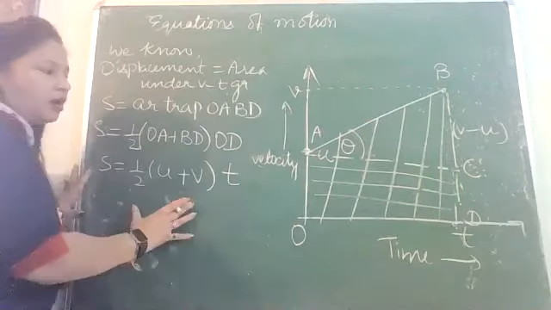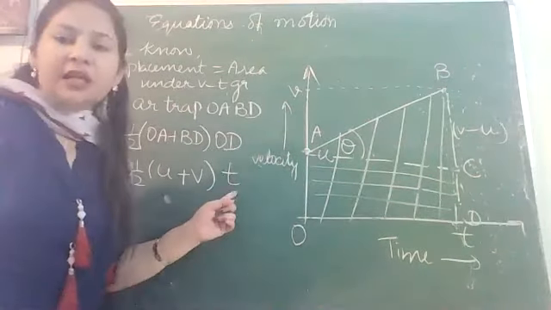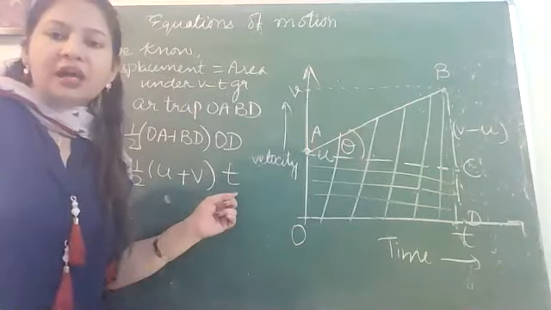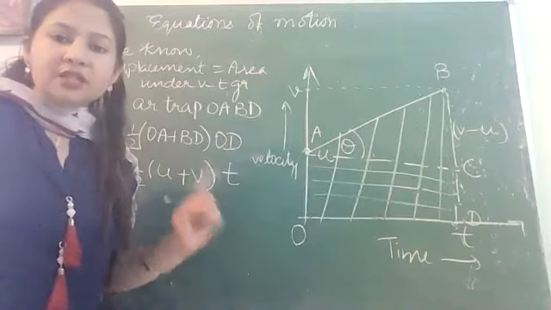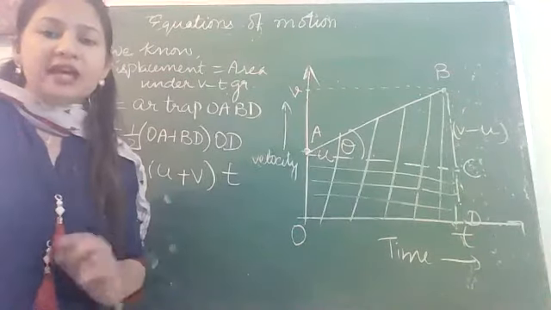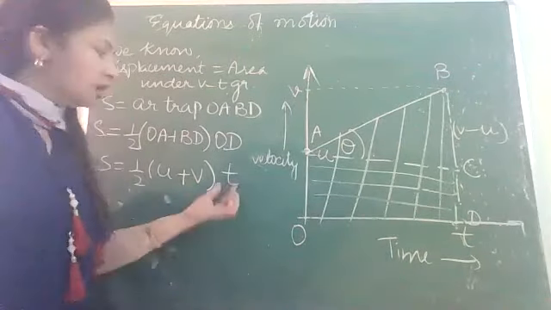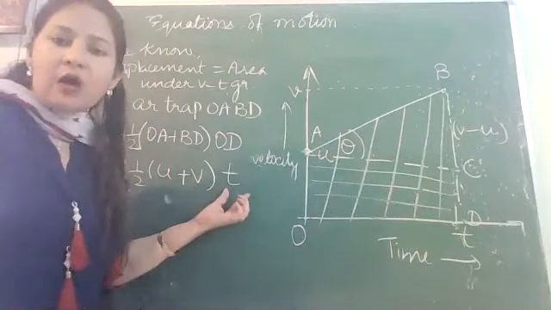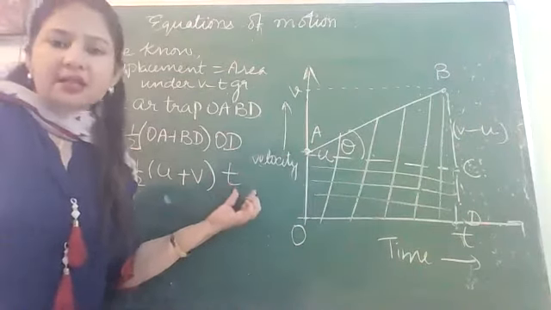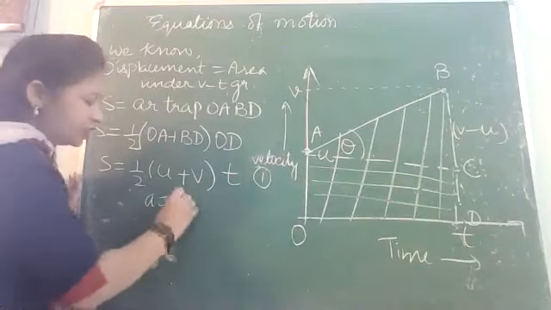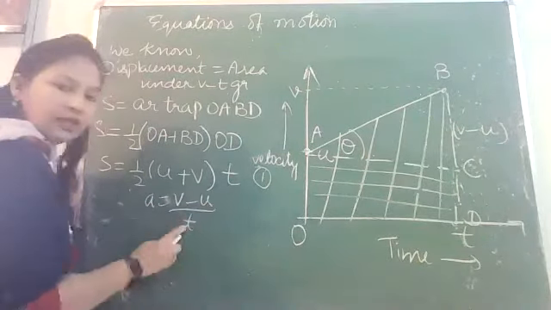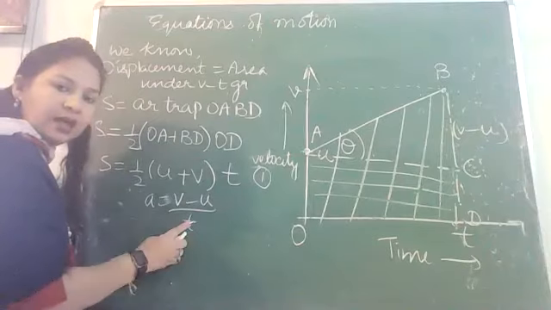Now how will we solve? We want to eliminate T here because we are deriving the third equation, and there is no T in the third equation. V square minus U square equal to 2AS has no T, so we have to remove this T. How? By using the formula of acceleration we can remove it. So acceleration is V minus U over T. Take T there and bring A here.